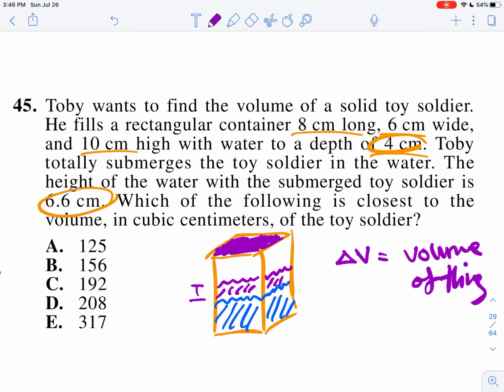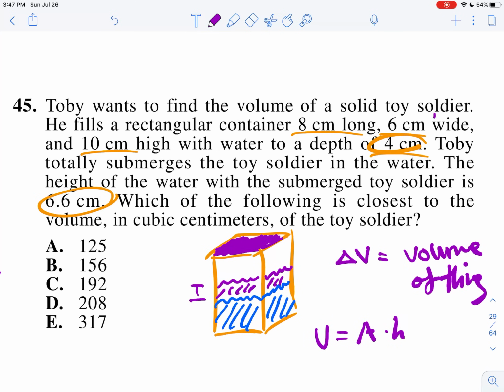Whatever change occurred, right? If I did a top-down view, looking down, this area is the area of the top. And if I multiply that by the height, the area times the height gives you volume. For any prism, whether it's a cylinder, a circular prism, or a triangular prism, or an octagonal prism, the volume equals area times height.